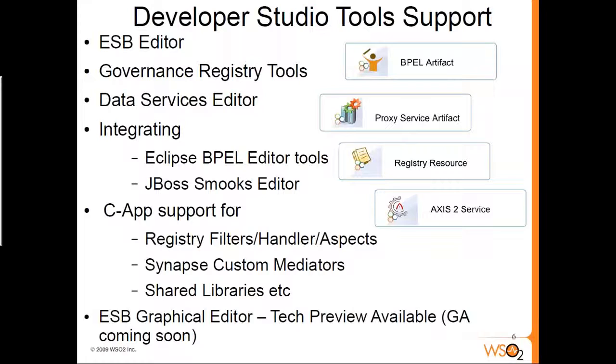And the data service editor. In this beta release, we have greatly improved the data service editor, and there is full CApp support for various kinds of artifacts and configurations. You can also see a technical preview of the ESB graphical editor in this Developer Studio beta release.